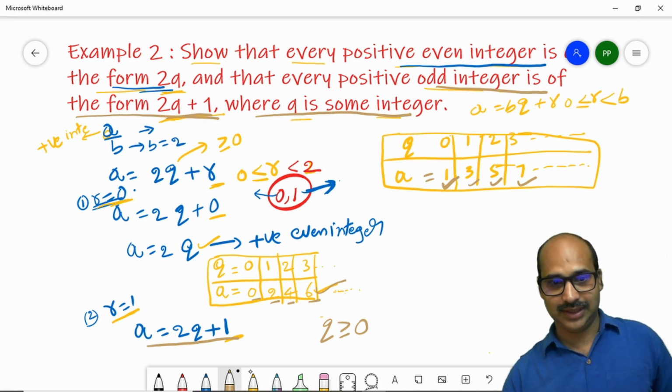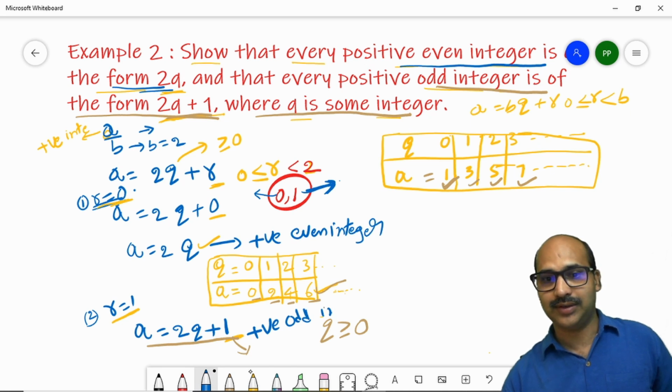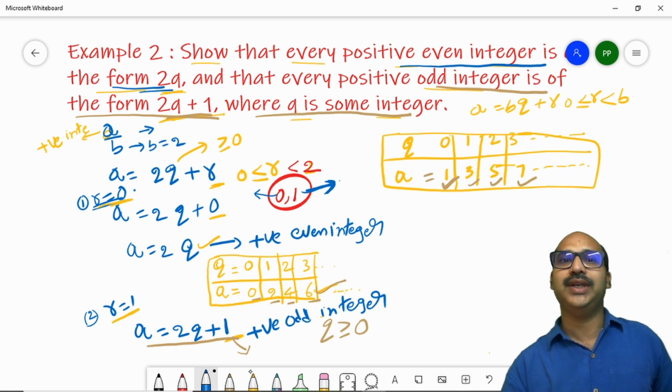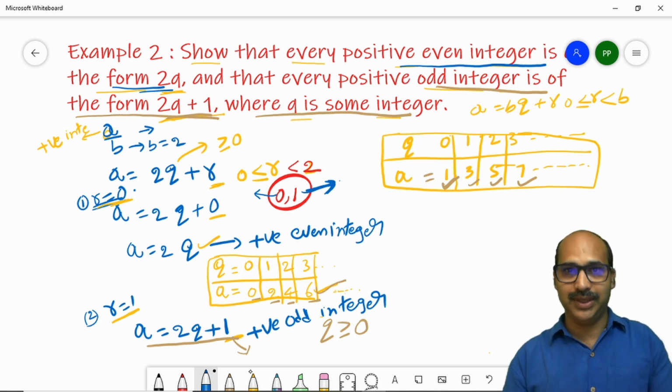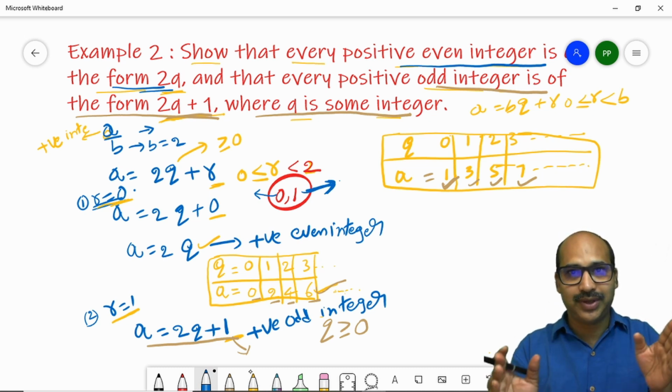So a is equal to 2q plus 1 is nothing but a positive odd integer. From this table we can understand that 1, 3, 5, 7 and so on are all odd numbers. As we know, even numbers are exactly divisible by 2; we can distribute them equally into 2 parts.